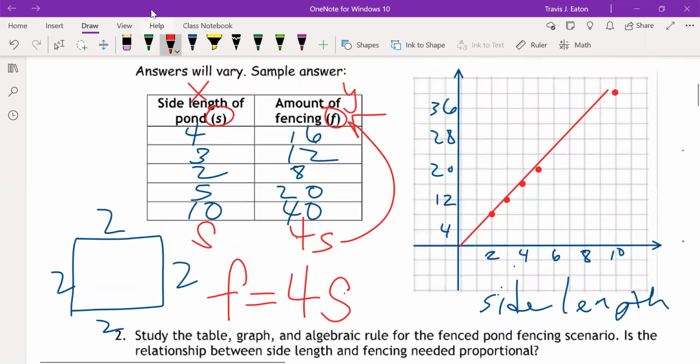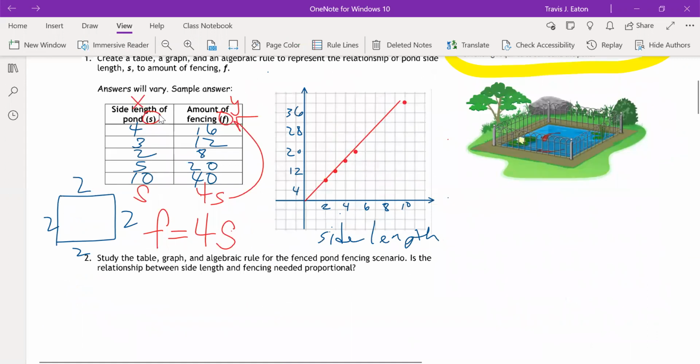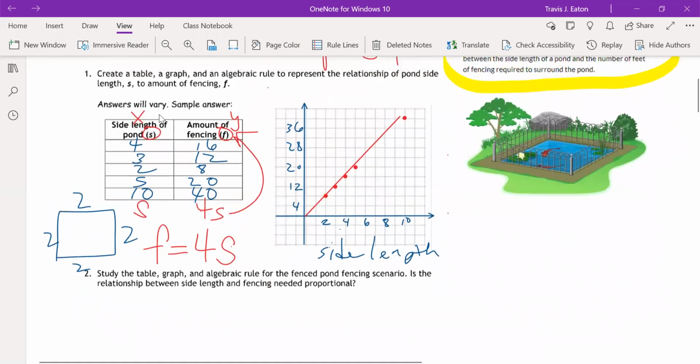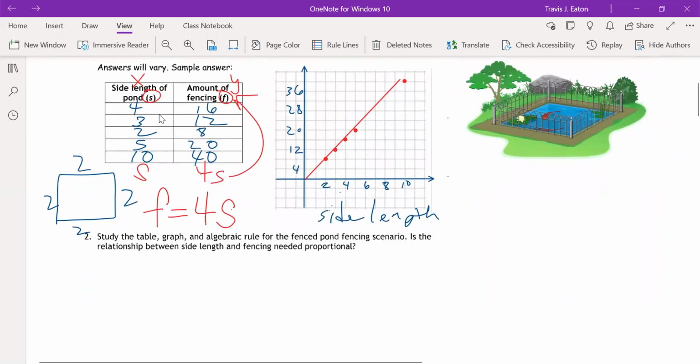Okay, so let me zoom back out because we don't need it that big now. All right, so we've got our table, we've got our graph, we've got our algebraic rule for the fence pond scenario. Is this relationship between the side length and the fencing needed proportional?